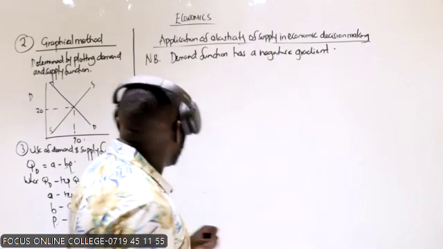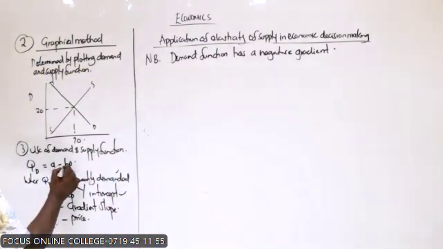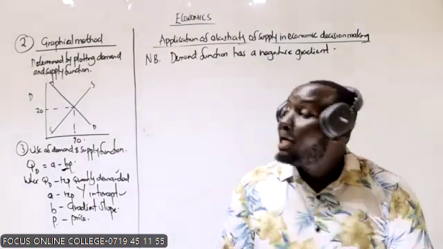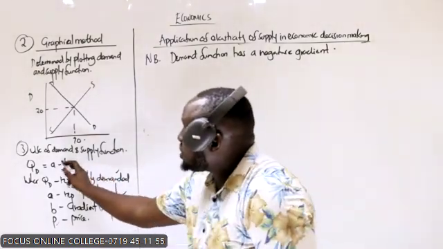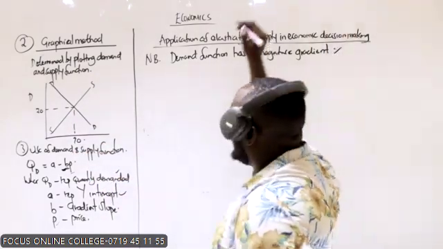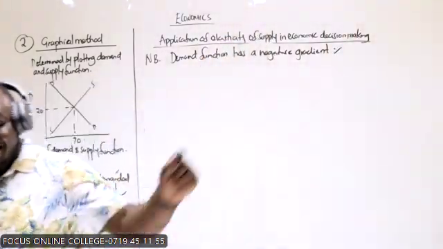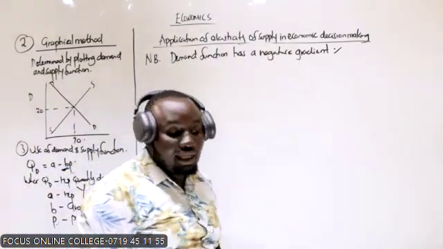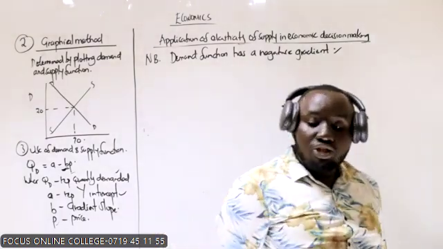Tuko pamoja. So look at the demand function: the gradient is negative. If I'm given an equation, I'm supposed to make Q the subject and look at the coefficient of P. If it's negative, then that is a demand function, because a demand function basically has a negative gradient. So I don't have to waste time.